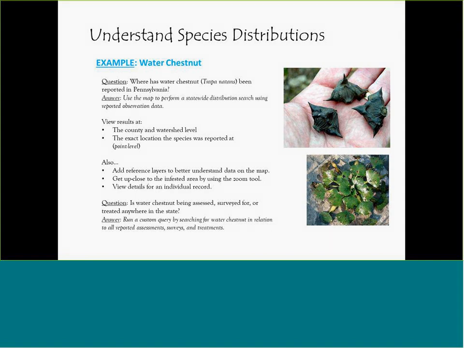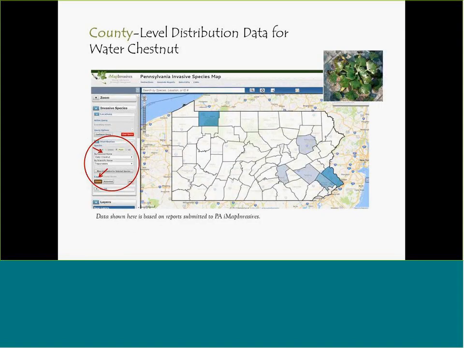In order to get at that information, we have options to run custom queries for each of these data types for water chestnut in relation to some of those management efforts. So these are all ways that you can better understand species distributions, ways that you can query the data. But I want to show you a few examples on the map of what it actually looks like.